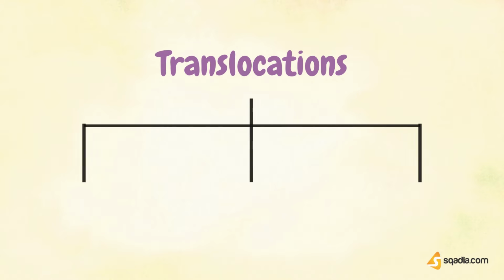Now let's discuss translocations in detail. A translocation involves transposition of chromosome material, usually between chromosomes. 3 types are recognized, which are Centric Fusion or Robertsonian, Reciprocal, and Insertional.